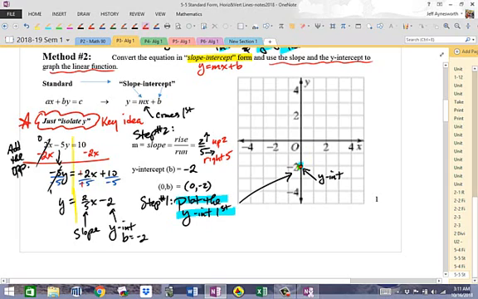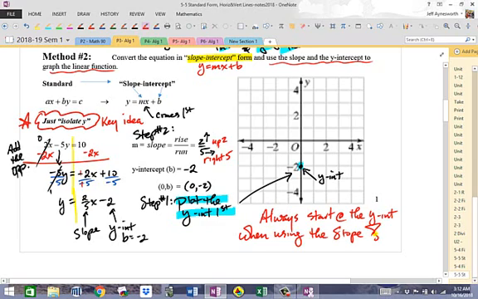You always start at the y-intercept when using the slope. Okay, so here, get your pencil at negative 2 here on the y-axis. And we're going to go up 2, right 5.